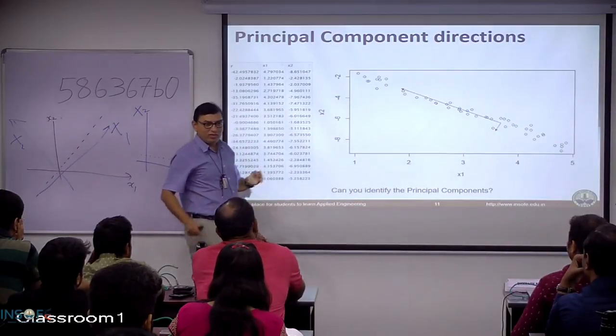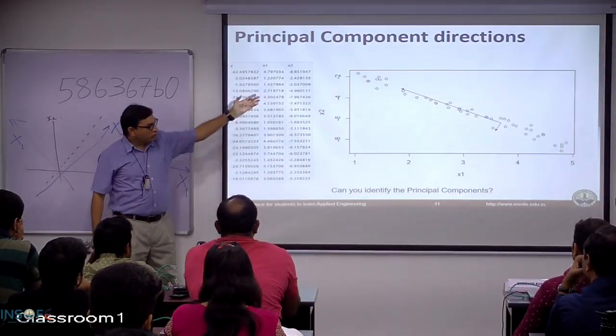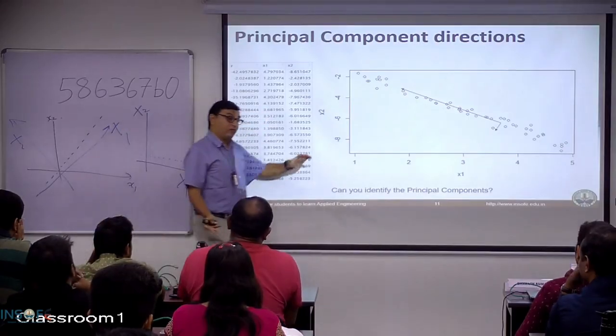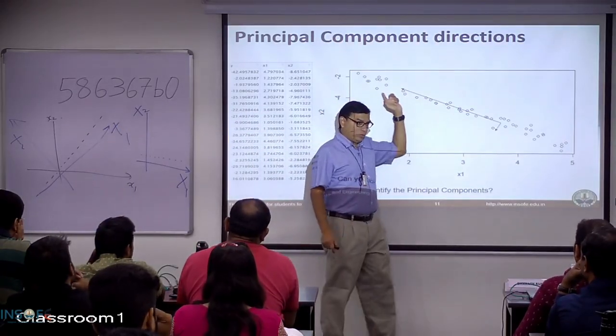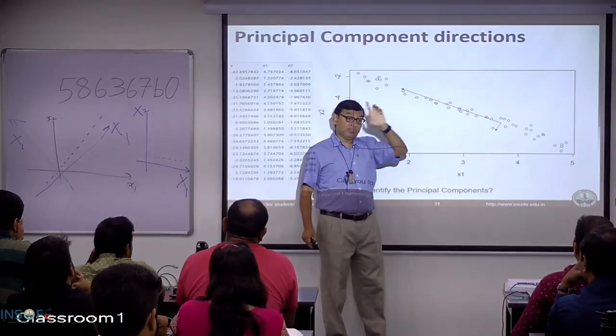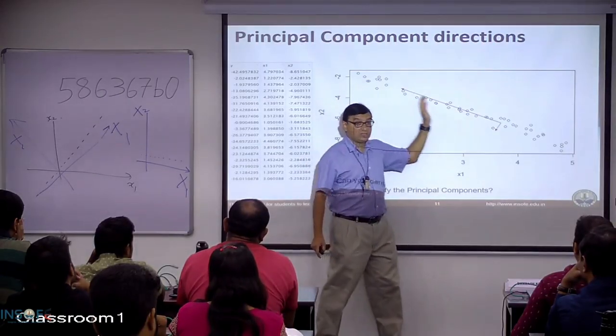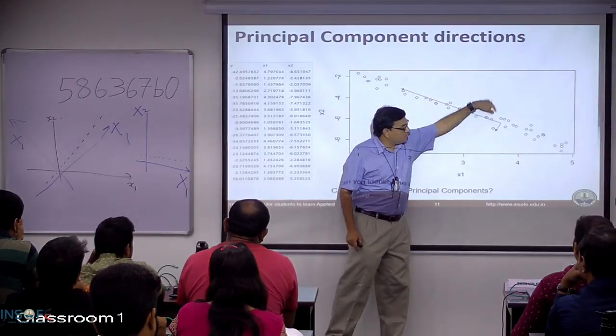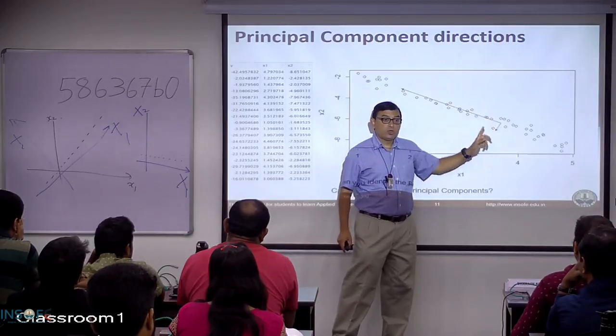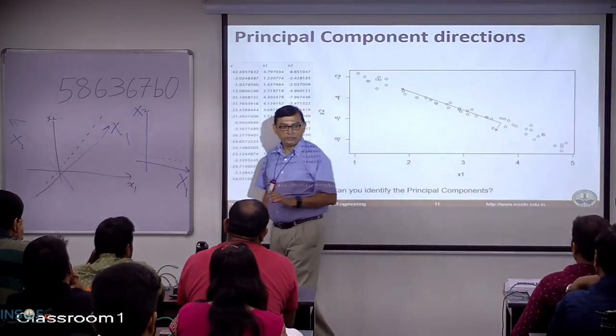Both are of the same order of magnitude. If I find the transformation which will put the coordinates like this, in that transformation this has a lot of variation. This axis will not have much variation. So the question is, how do I find the transformation?